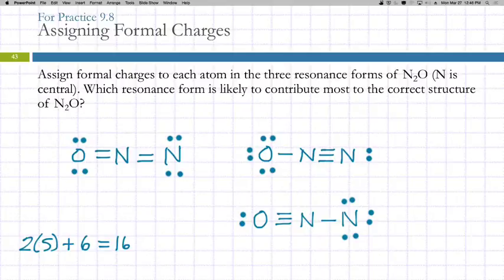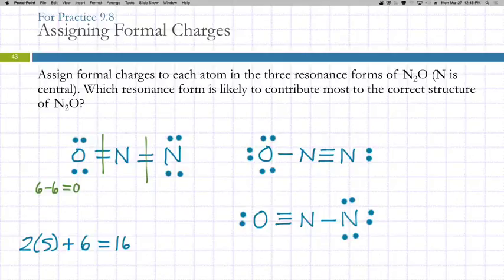How do we decide which one's better? Formal charges. So for the formal charges, we're going to just cut all the bonds in half, right? Boop, boop, cut it up. So oxygen has how many valence electrons by itself? 6. And how many does it have when this organization breaks up? 6, right? So 6 minus 6 equals 0.